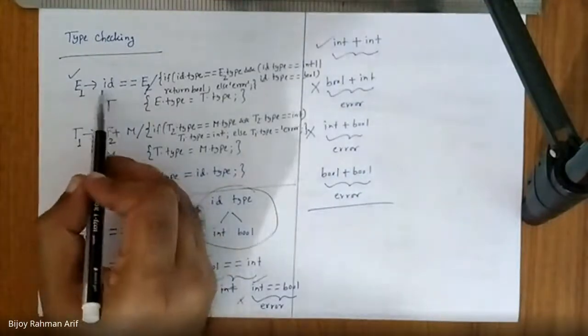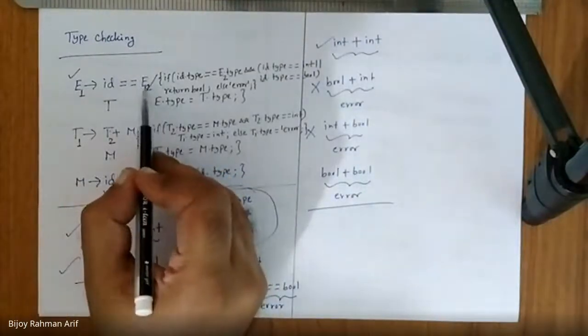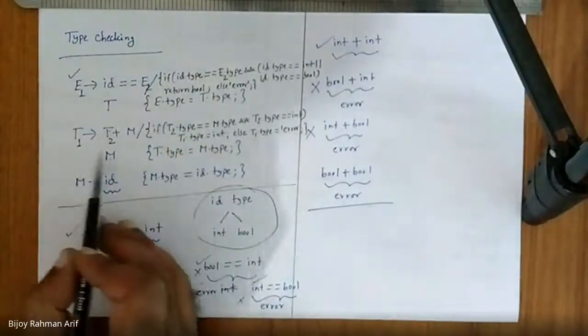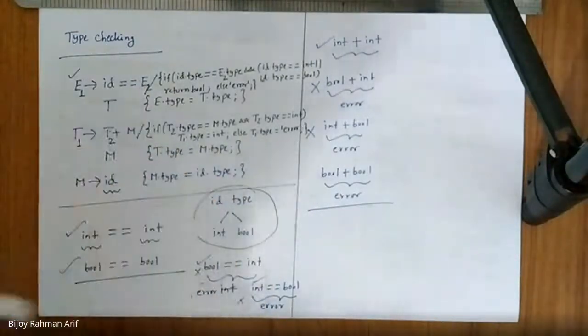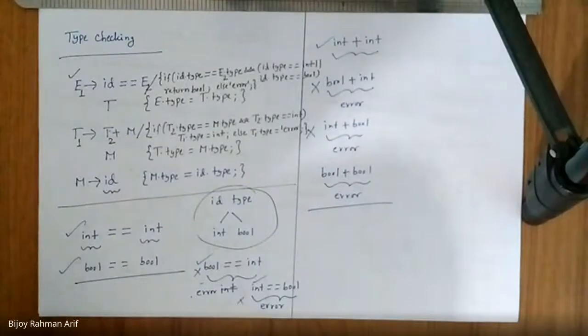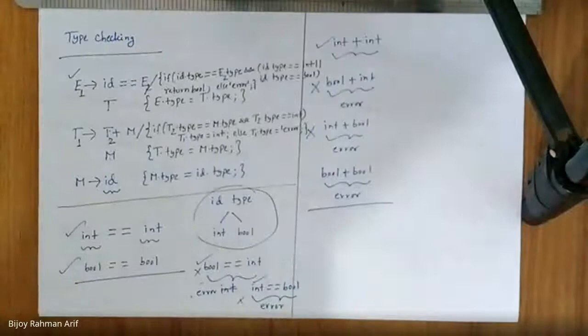Somehow if, for example, when you go to E, this E somehow derives to error, and ID somehow derives to error. Then what happens? What are you going to do? Did you get it?